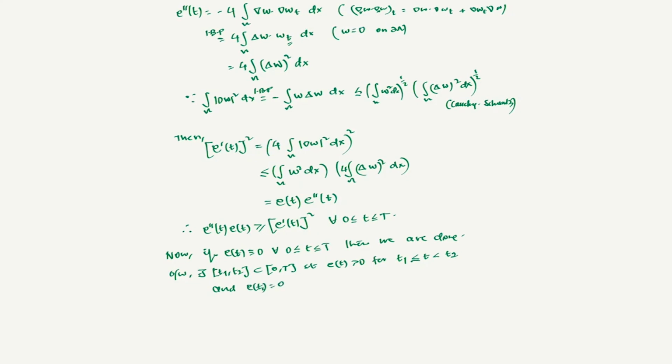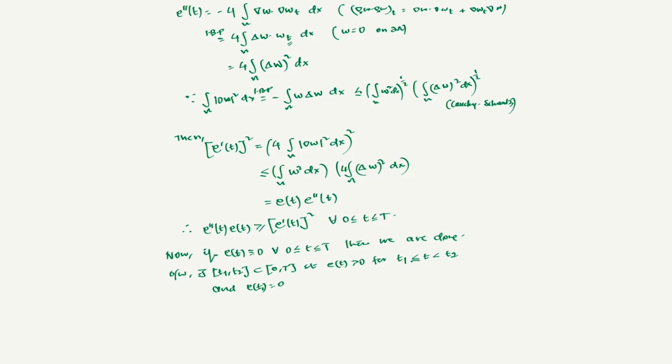If e is positive somewhere, then this kind of thing is bound to happen. Why is there always a t2 such that e of t2 is 0? Because e of capital T is 0. So essentially there is always such a t for which all of this happens.